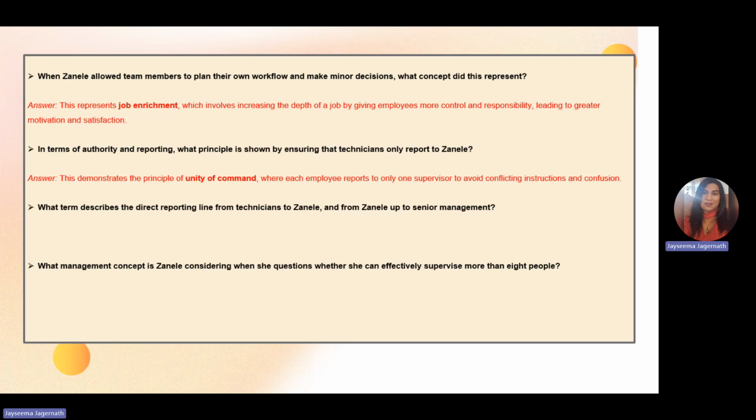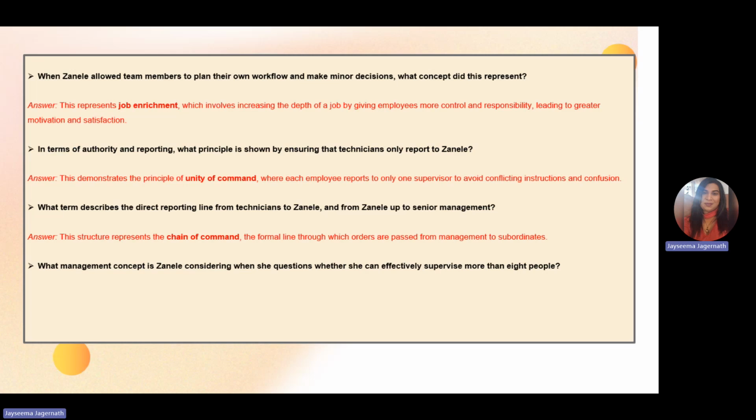What term describes the direct reporting line from technicians to Zanele and from Zanele to senior management? Okay, this is chain of command. So what we are saying here is who reports to who and what does that look like? Okay, so we are not saying that the technicians' voice can never lead up the ladder or go to senior management, but we are saying you report to Zanele, who reports to senior management, and that is the flow.